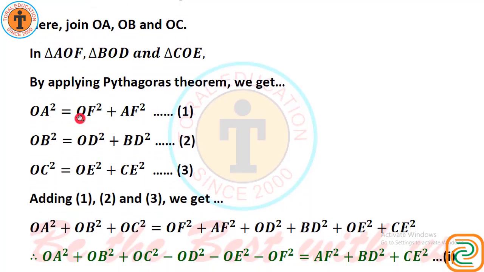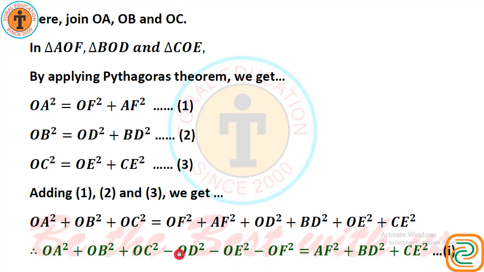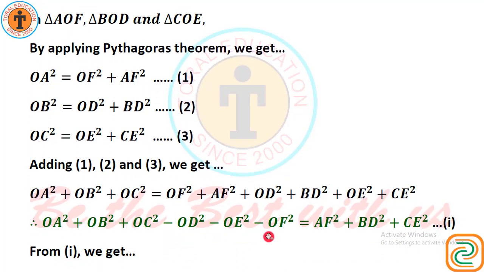Now add: OA square plus OB square plus OC square equals to OF square plus AF square plus OD square plus BD square plus OE square plus CE square. If we take OD, OE and OF to the left side, they will become negative. Then we have got our result 1.